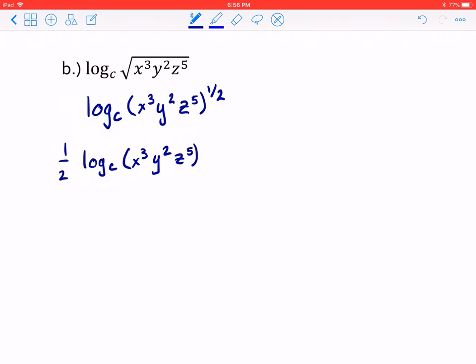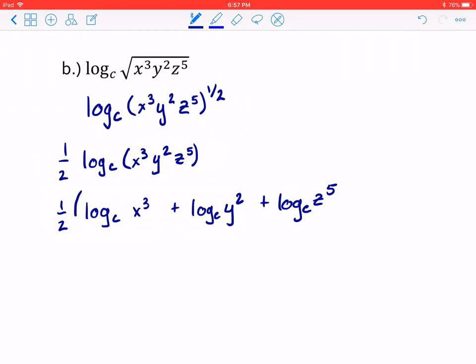Now applying the product rule, we would have 1/2, and we have log c of x cubed plus log base c of y squared, and then plus log base c of z to the fifth. If you wrote it without the parentheses, you're not technically correct, because this 1/2 needs to be affecting this whole expression right here.